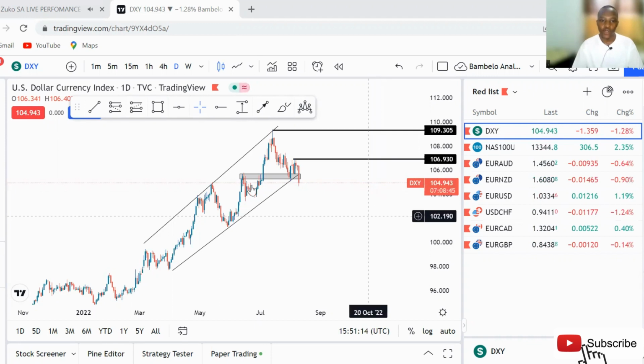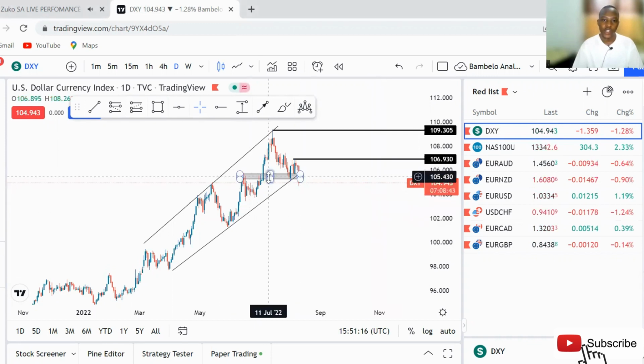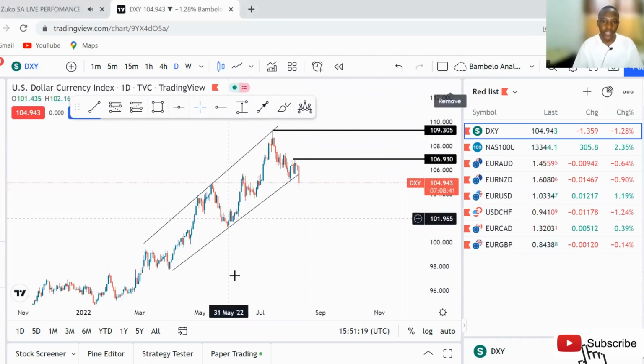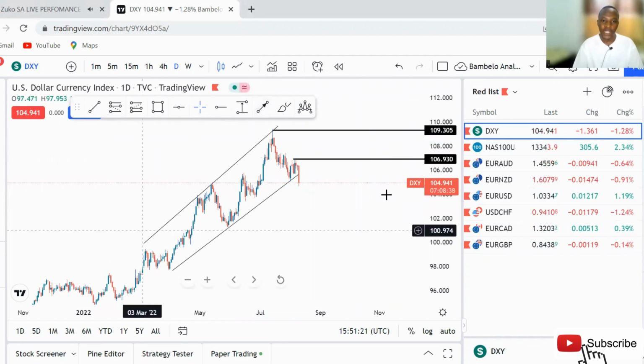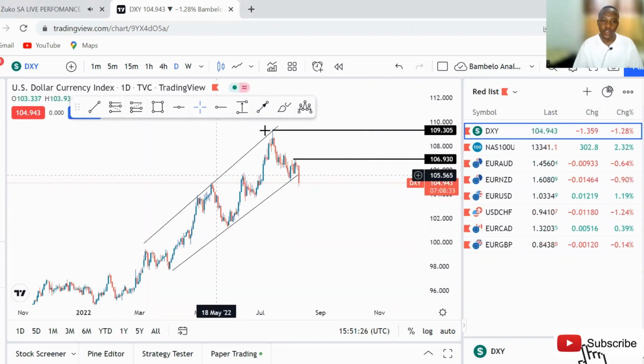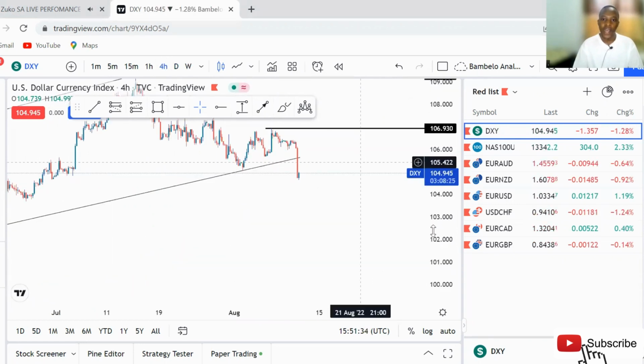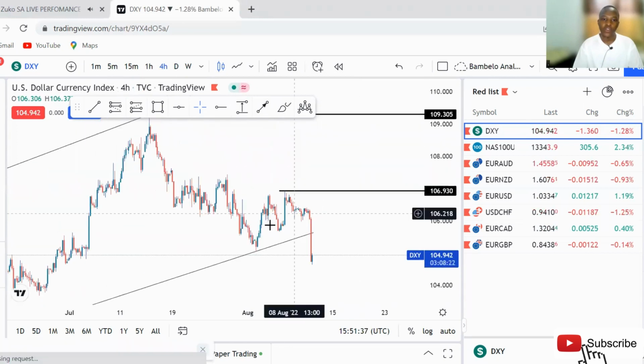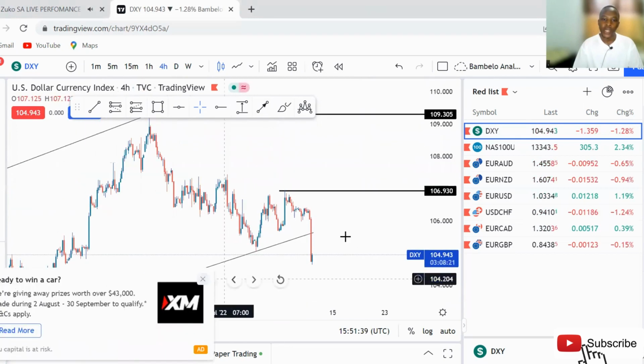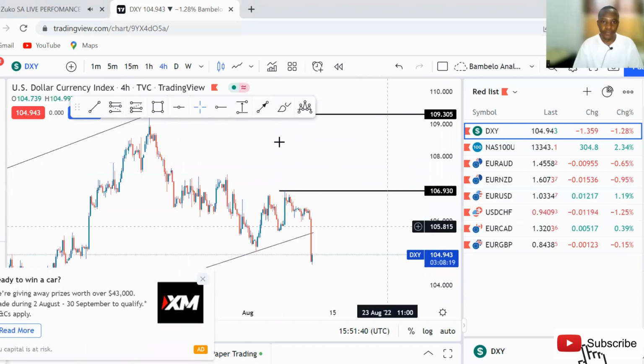First of all, as you can see on the DXY, if you can just erase this resistance, you would notice that I had an uptrending market. I had my first touch, second, third, and the fourth one. And I had my first one, second, and the third one, and the fourth one. When I went to the lower time frames, I could see that the market was moving correctively towards that level.